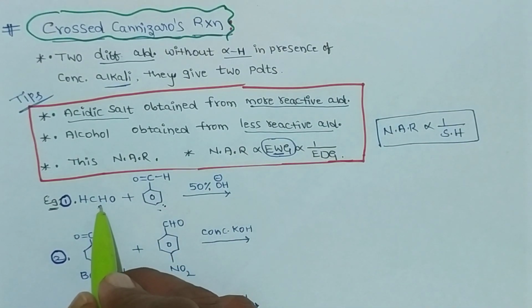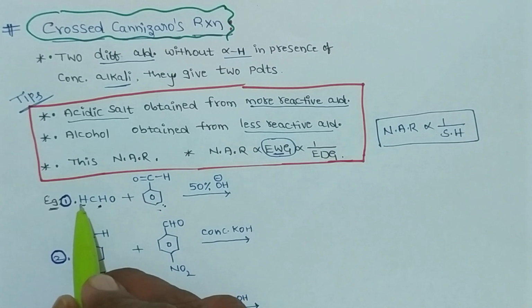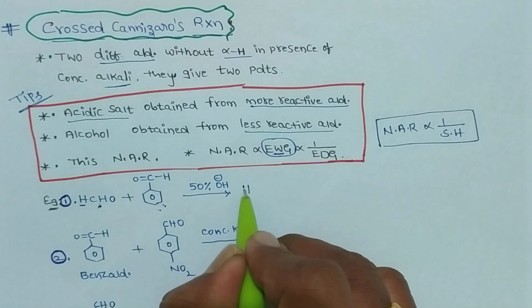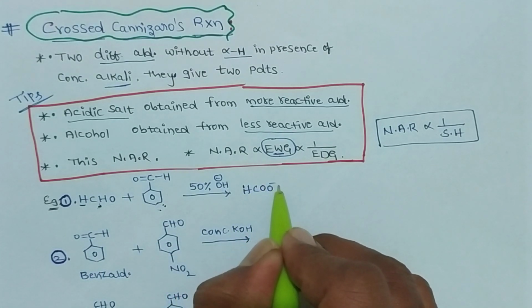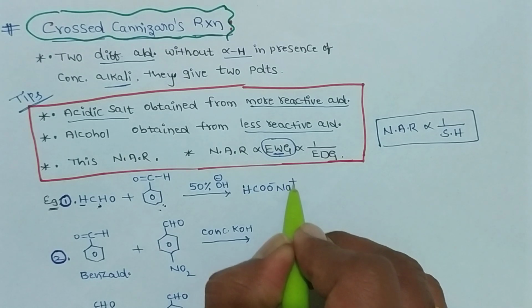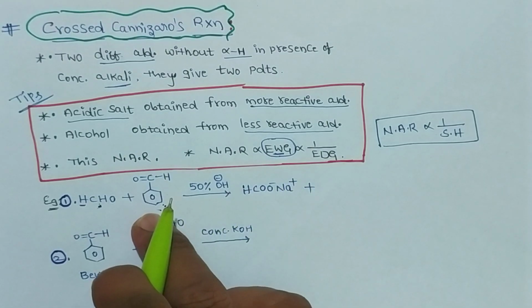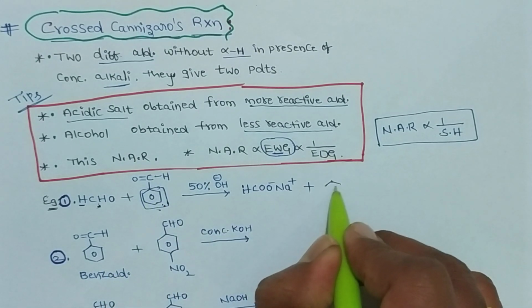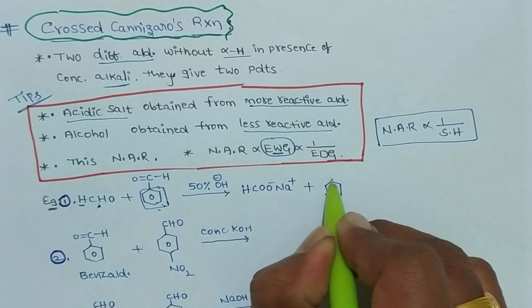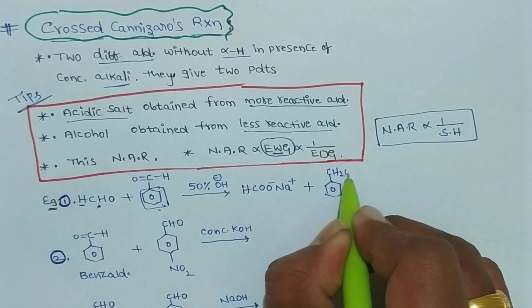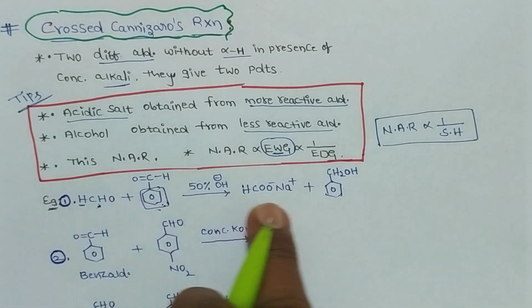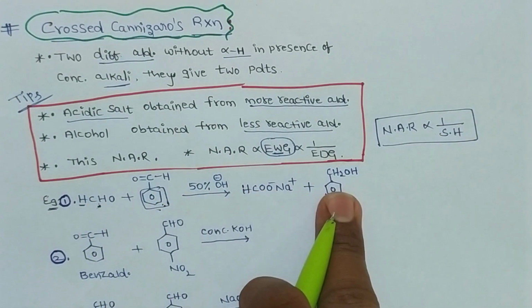So formaldehyde is more reactive and will give an acidic salt, plus benzaldehyde, the less reactive aldehyde because of steric hindrance, will give the alcohol. It is a disproportionation or redox reaction.